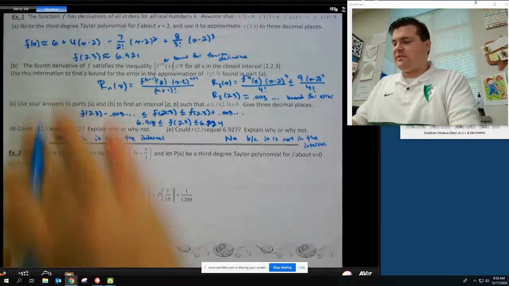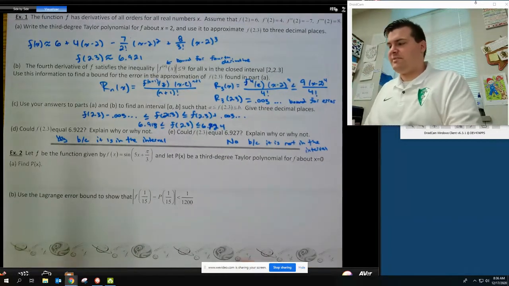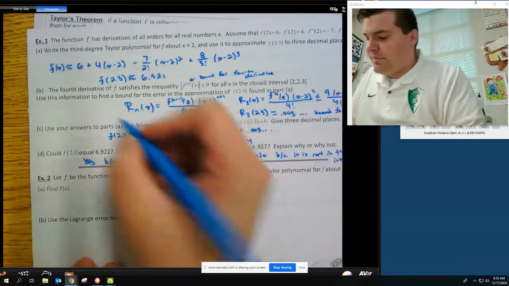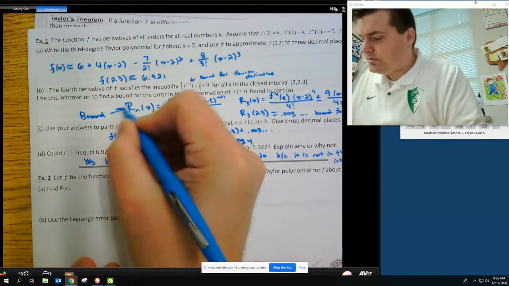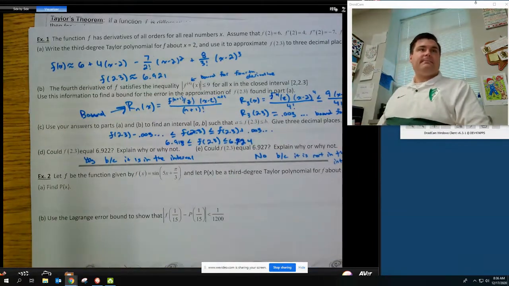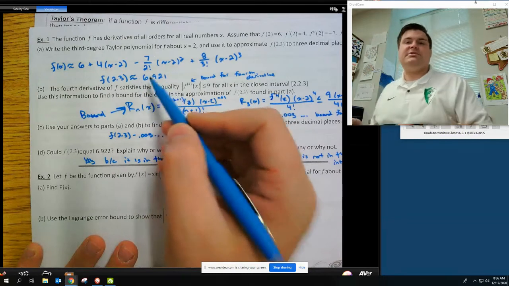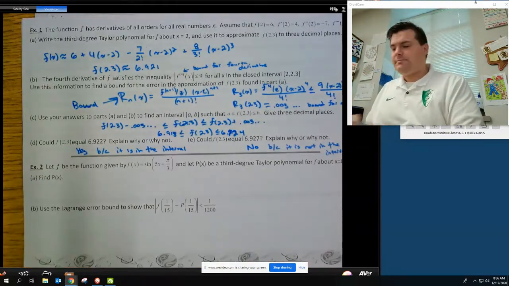So that's one of these really, really scary problems all set up for you. Okay, so it's really not too bad for error bound. Just got to memorize this, and this again gives us our bound. Okay, and we just take that bound and we're going to add and subtract it from our approximation here, up to whatever random terms that we have, and then that's what the actual value could be.